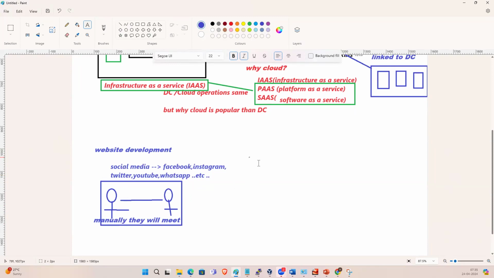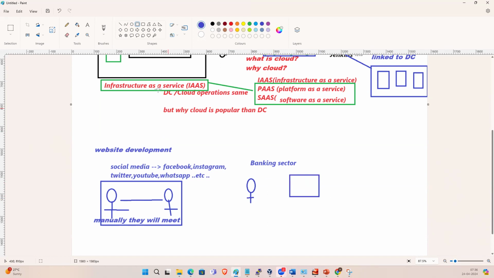Now the banking sector. Before a banking website, how were you doing your transactions, guys? How did you create a bank account? There was no app for the banking sector.